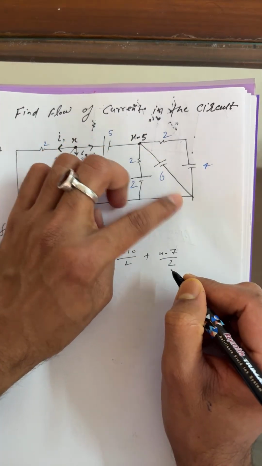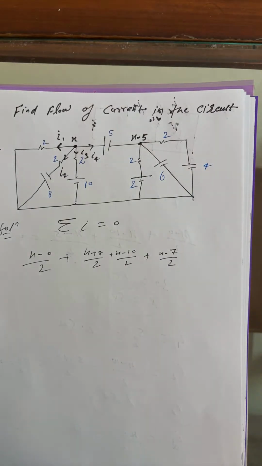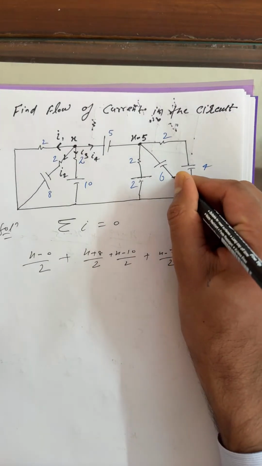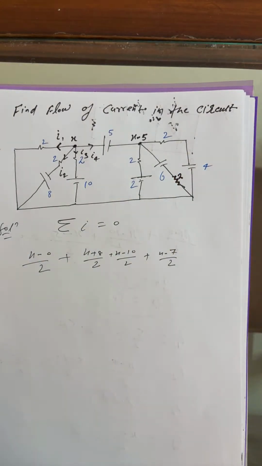Here there is no resistor, you can take a resistor here, this remains 2 ohm.